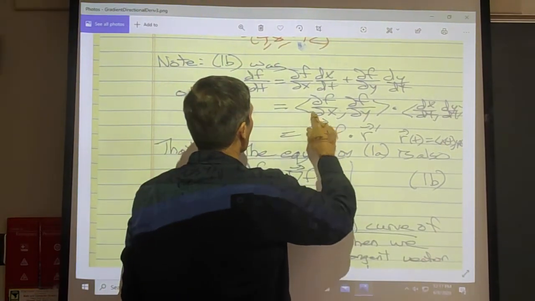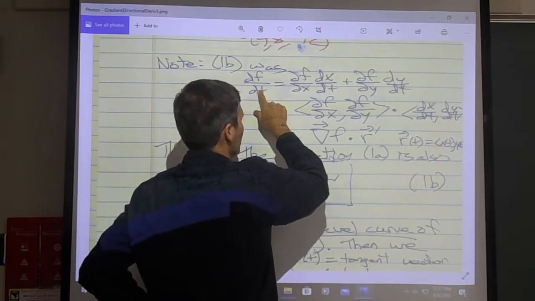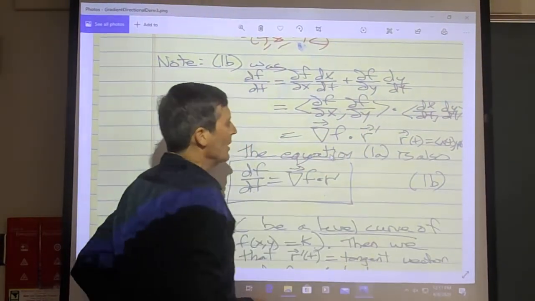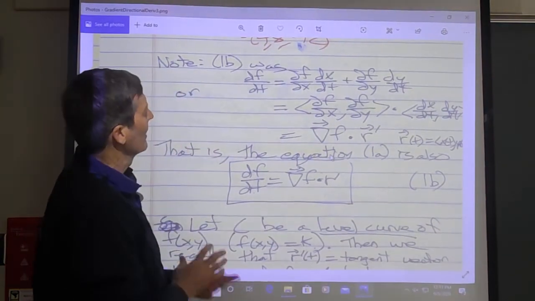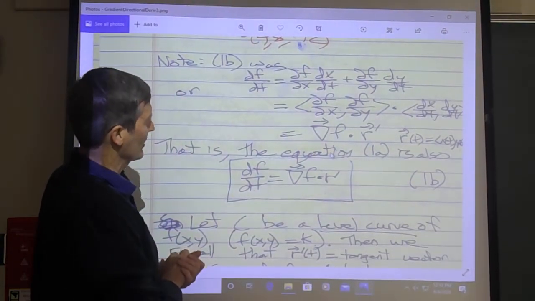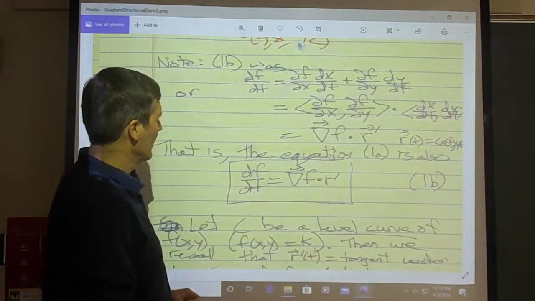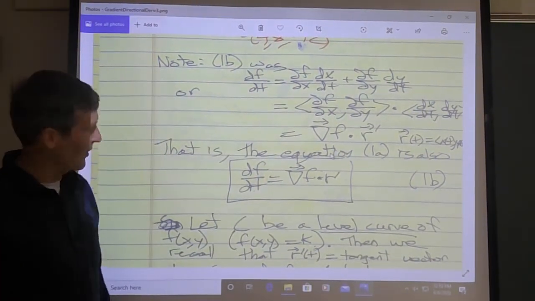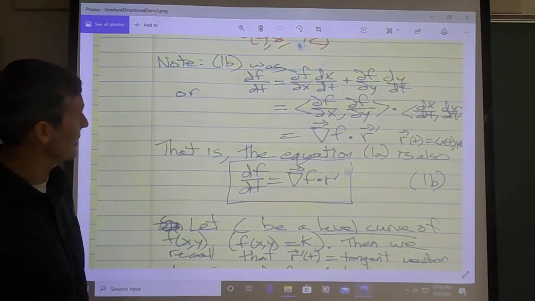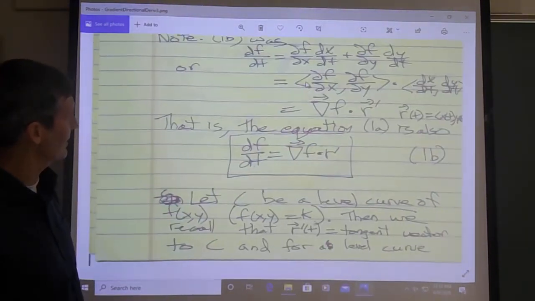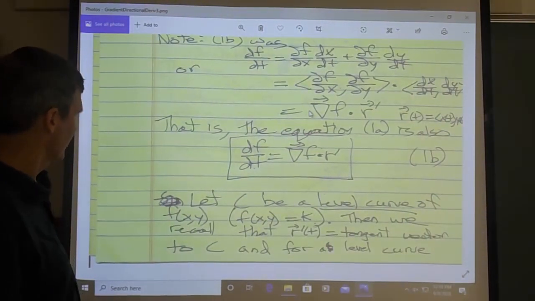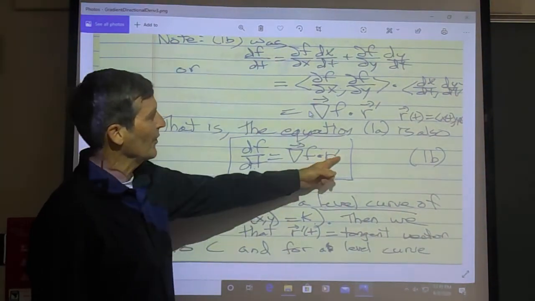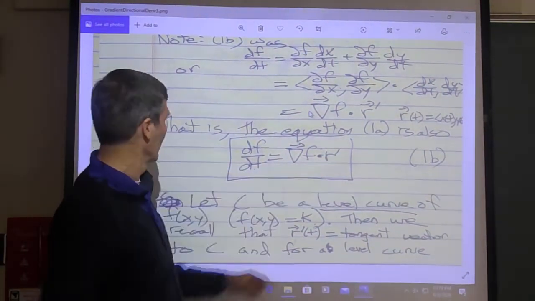And so the rate of change of f along a curve is really gradient of f dot r prime. So we can find the rate of change of this function as gradient of f dot r prime, or we can just use the chain rule directly, whichever one you like. But I thought I'd point out it has this nice interpretation in terms of gradient. It shows that the gradient really is an important quantity that comes into use here. You just dot the gradient with the tangent vector to wherever you're moving.